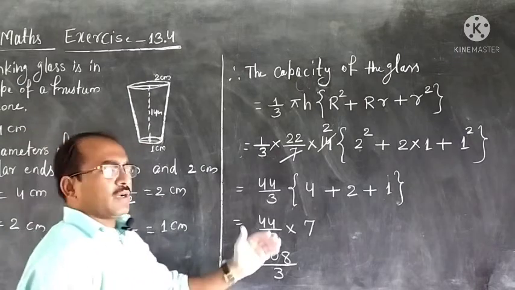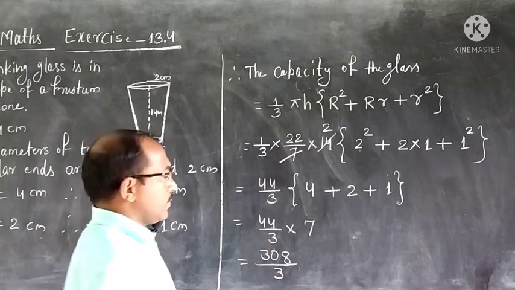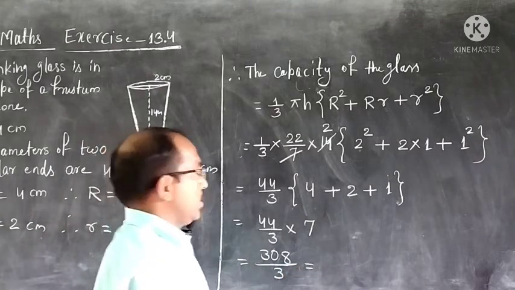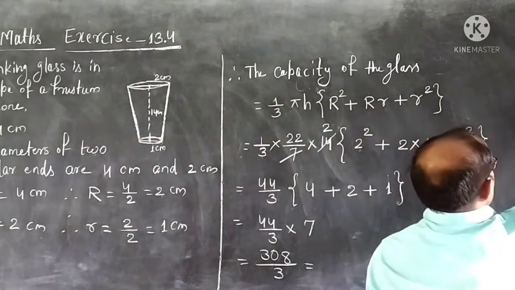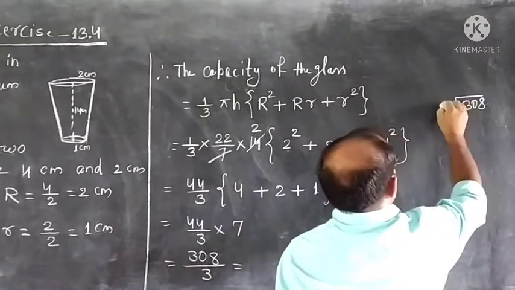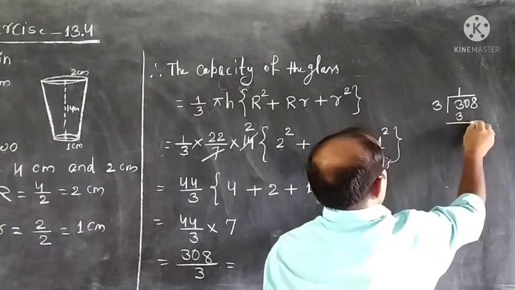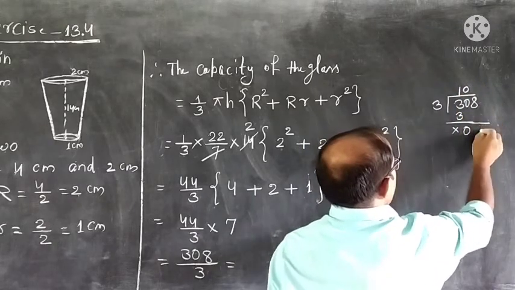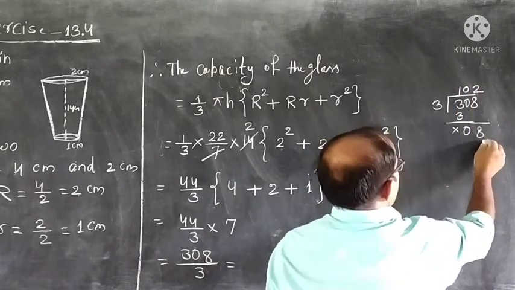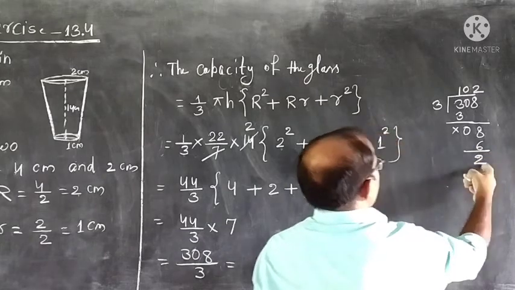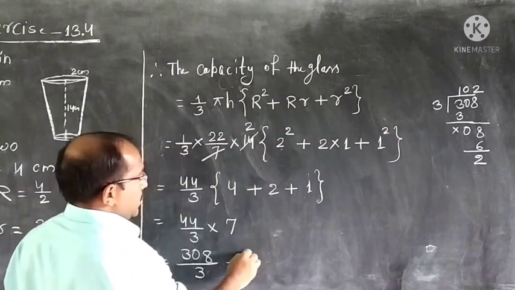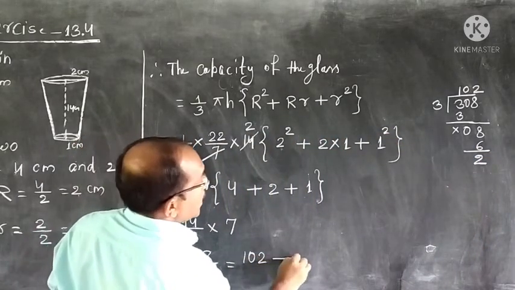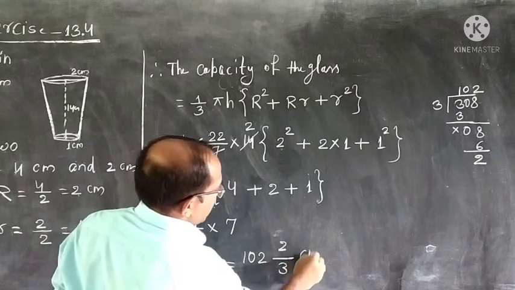the glass. Now we can convert it into decimal or we can convert it into meter cube, it is our wish. So let us divide 308 by 3. 3 1s are 3, we can't divide, so we need to put 0 in the quotient, then take another digit; 3 6s are 18, remainder 2. We can convert in decimal or we can leave it here also: 102 and 2 by 3 centimeter cube.